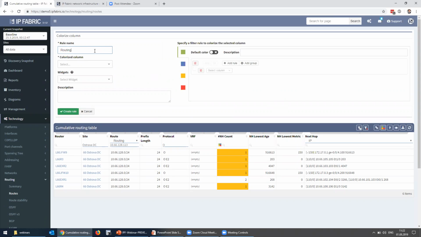Routing redundancy verification, where we would look at a particular route.